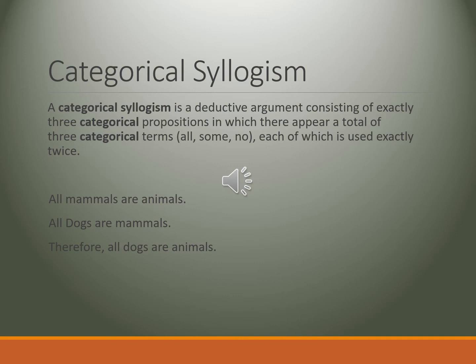All right? So down below we have a categorical argument. All mammals are animals. All dogs are mammals. Now, if you put those two ideas together, since all dogs are mammals and all mammals are animals, as the premises tell us, therefore the conclusion, therefore all dogs are animals, necessarily follows.